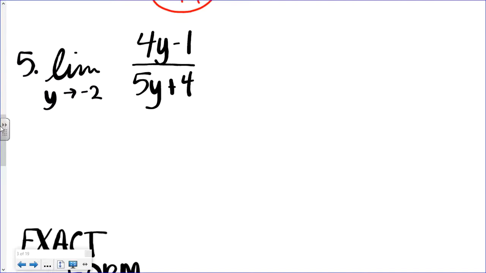Okay, so in your numerator, you should get what, -9? Denominator is -6. Mixed number, decimal, what do you guys prefer here? Improper, so that would be what, 3/2? Okay.